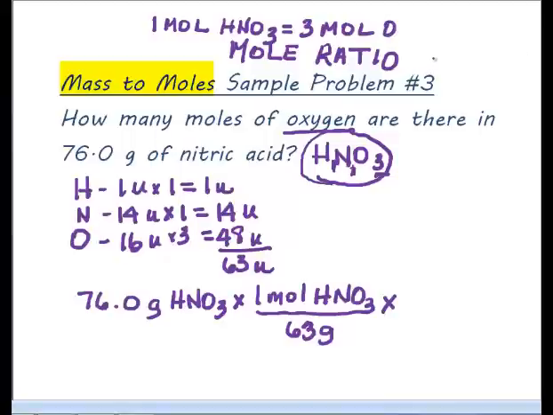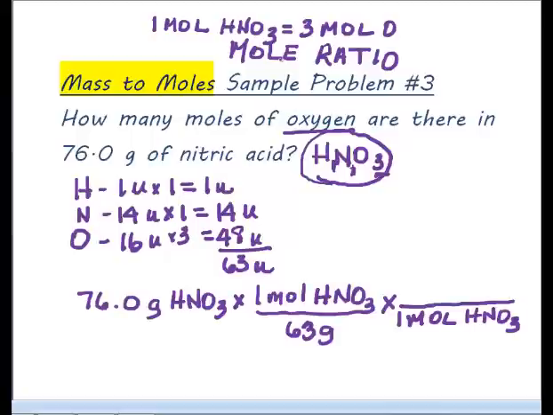Well, that's an equality. And remember, from any equality, we can derive 2 unity fractions. And then we can plug unity fractions into our dimensional analysis and solve problems. So what I want to do here is I need to get rid of moles of nitric acid. So if I put moles of nitric acid in my denominator here, and that would be 1 mole of nitric acid, what's going into my numerator?